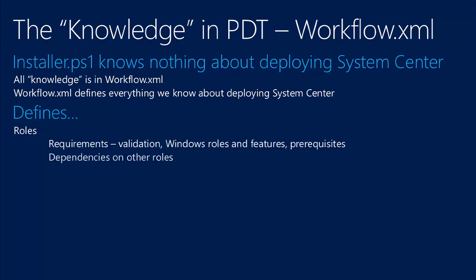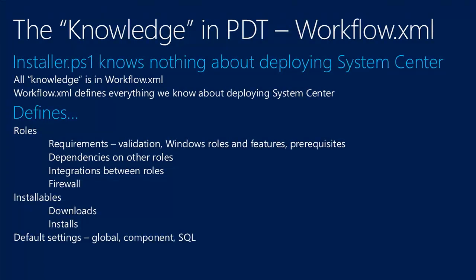It defines what the roles are, what the requirements for that role are, how to validate whether that role is installed, what dependencies that role might have on other roles, what firewall ports need to be set, what needs to be downloaded, what needs to be installed for that role to be effective.